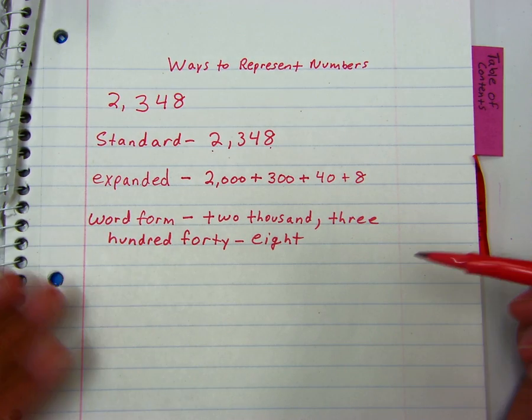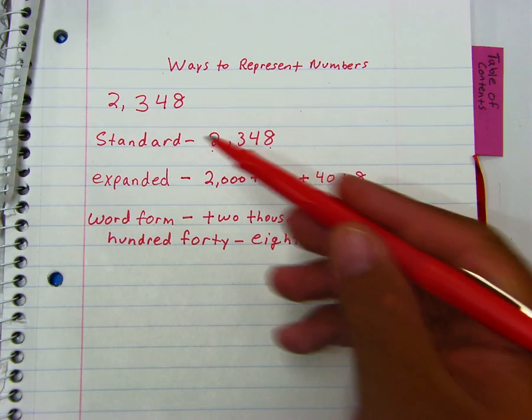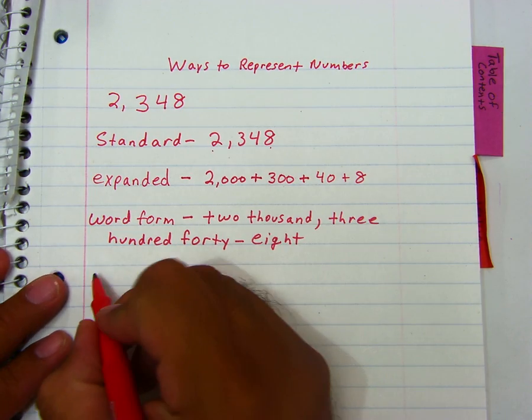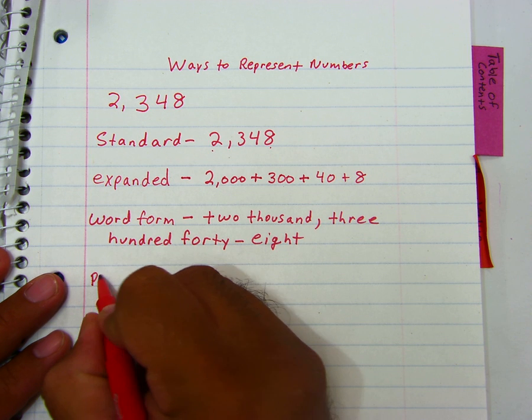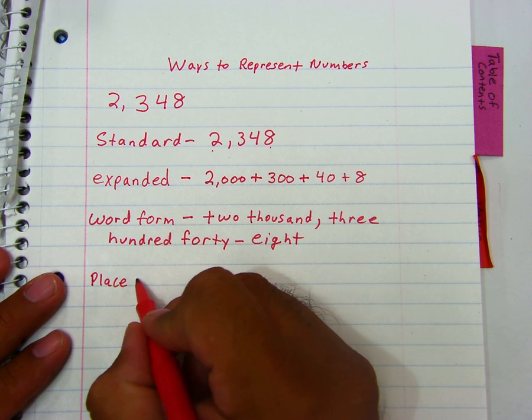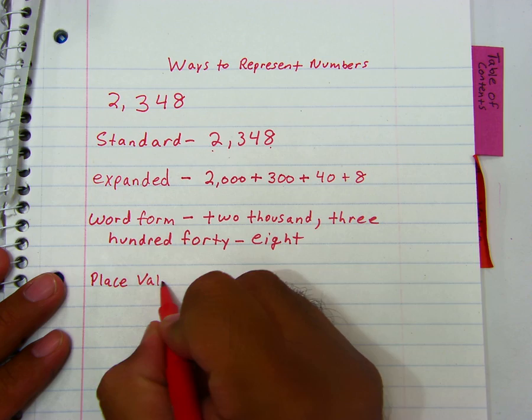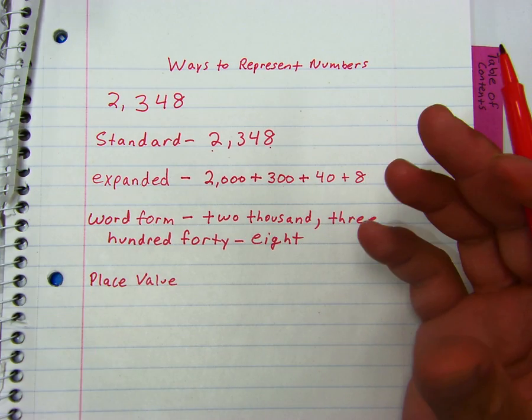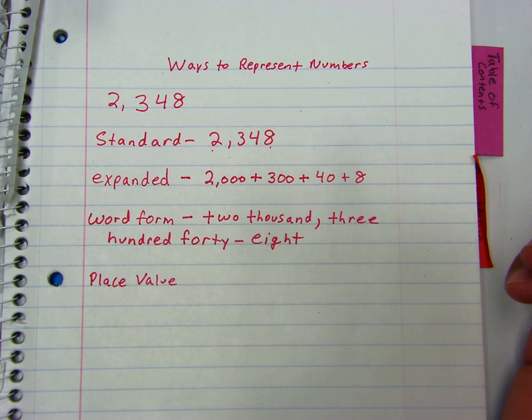So we've already done 3 different ways to represent the numbers: the standard, expanded, and word form. Another way is to do the place value chart. This is going to be very important for us because right now we're just working on 4-digit numbers, but we're going to actually extend that to 6-digit numbers.